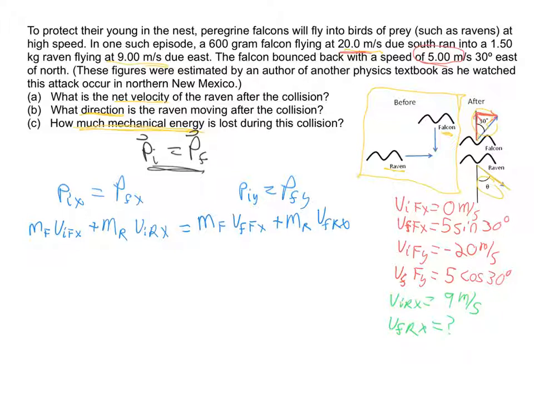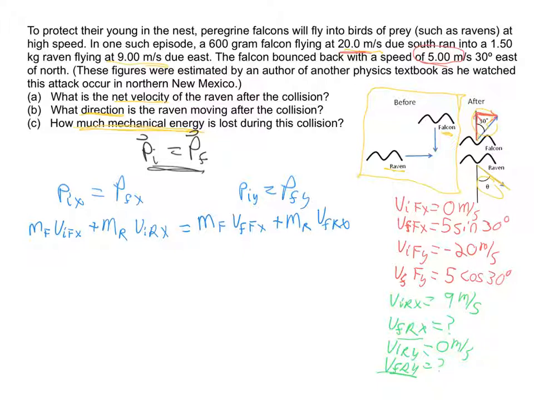We don't know. The initial velocity of the raven in the y direction is 0. And the final velocity of the raven in the y direction, we also don't know. In fact, these two here are the two variables we're trying to figure out. And then we can put them together to give us the net velocity and the direction.